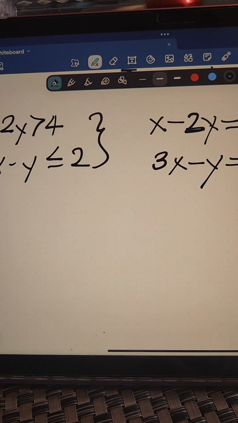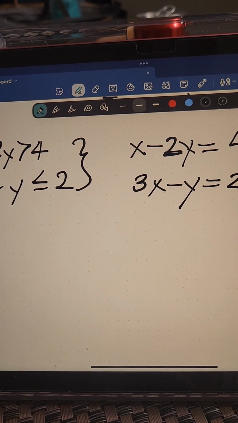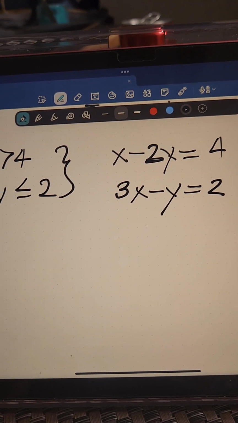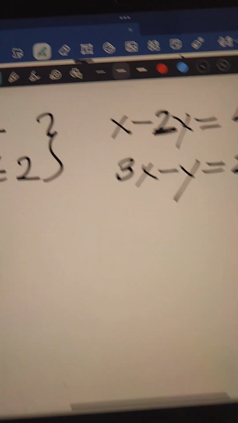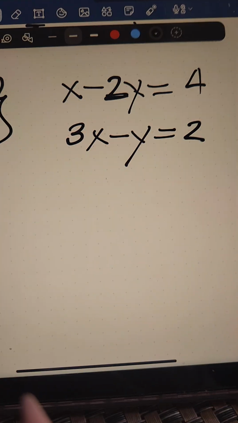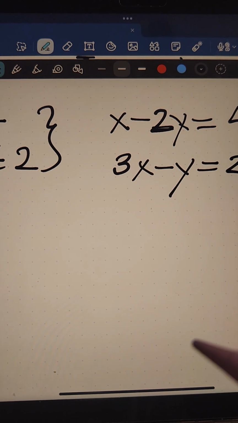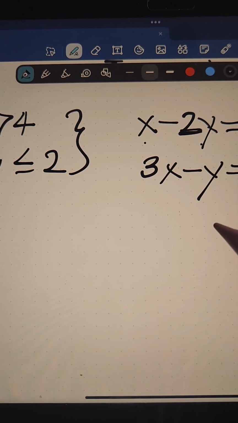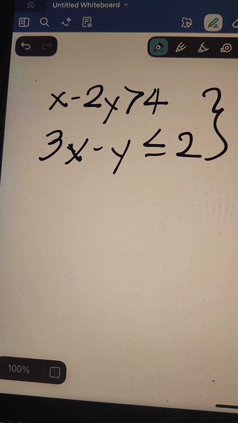Okay, so now na naging equation na sila, ang gagawin na natin ay hahanapin natin yung tinatawag na x-intercept and y-intercept. Okay, so ibig sabihin lang yan, mag-a-assign tayo ng mga values dun sa either x and y, and then makukuha natin yung ordered pairs, diba? Remember kanina yung ordered pairs.